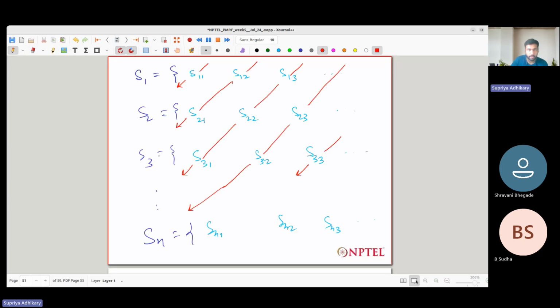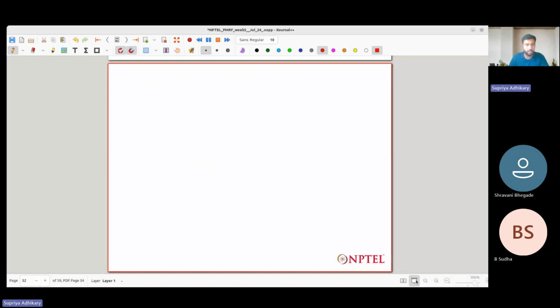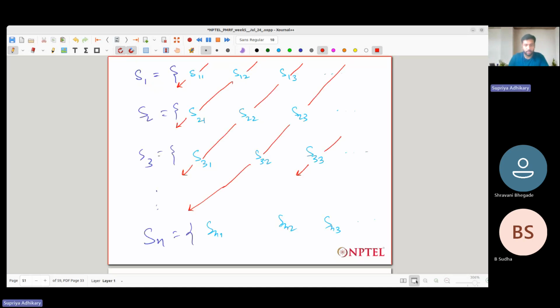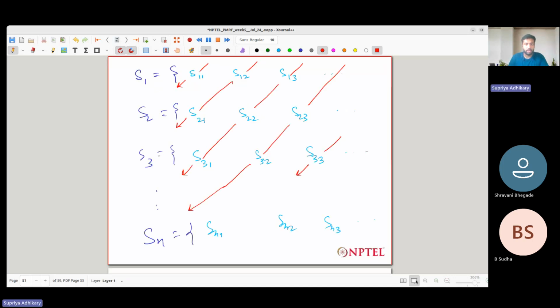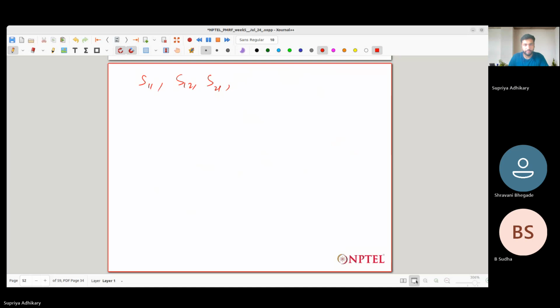And once we have found these diagonals, we can enumerate them in this way. First we take this one, then we take 1,2 and 2,1, then 1,3, 2,2, and 3,1, and so on.